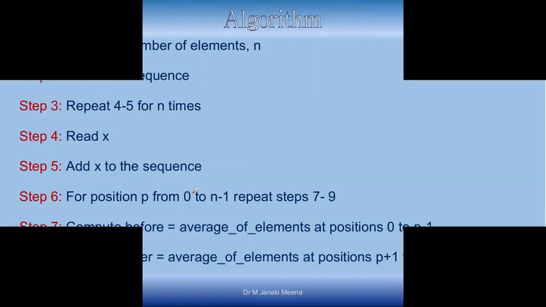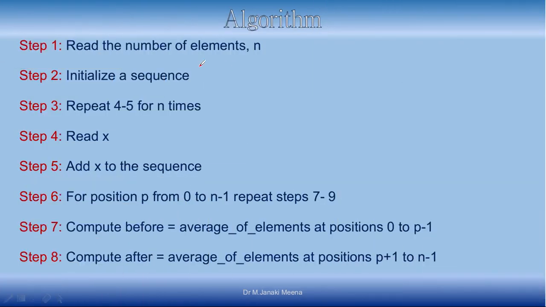Okay. So now let us write the algorithm for solving this problem. The first step is we have to read the number of elements n. Then you have to initialize a sequence, and then you have to repeat steps 4 to 5 n times. What we are doing in 4 is read x.